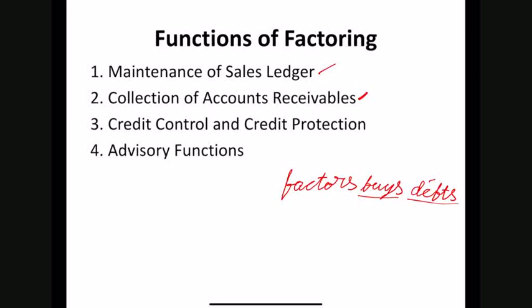And the next one, third, credit control and credit protection. A factor is a specialized and experienced person in credit management. I am a businessman. I am specialized in the production function, marketing strategies, doing business. I am innocent. I don't know anything about credit management. I don't know who my customer is.